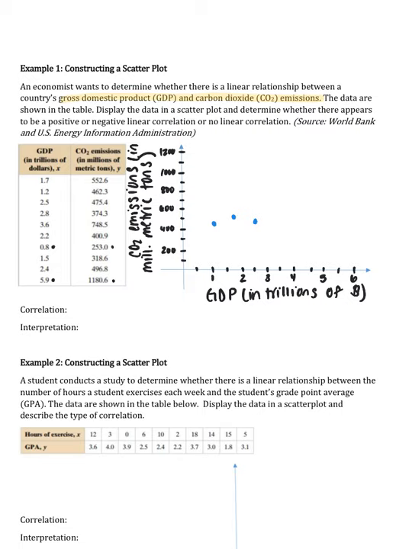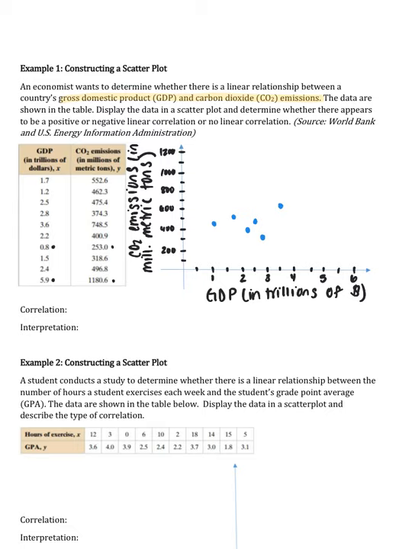So 2.8 is almost at 3. 375 would be almost 400. 3.6 and 748. 2.2 and then basically 400.